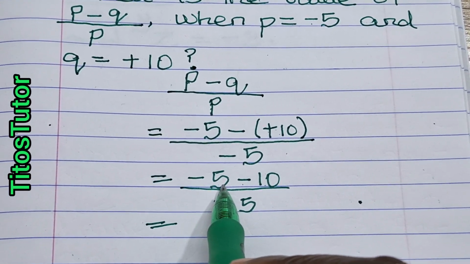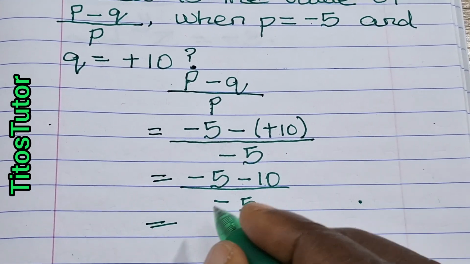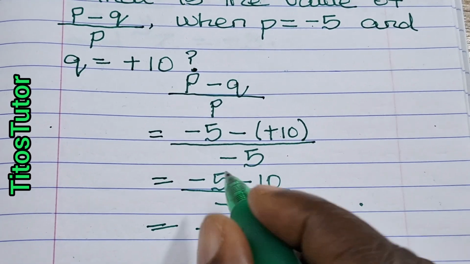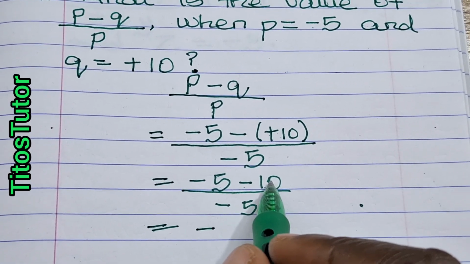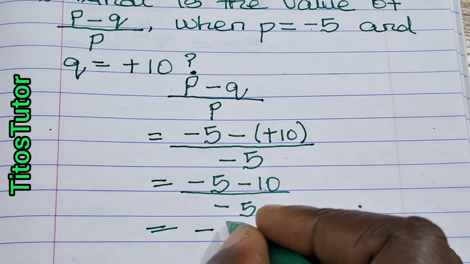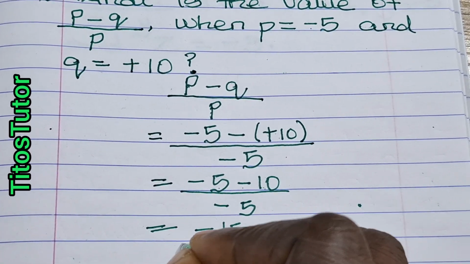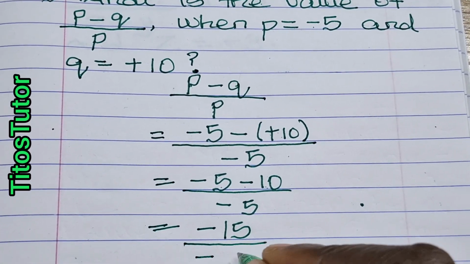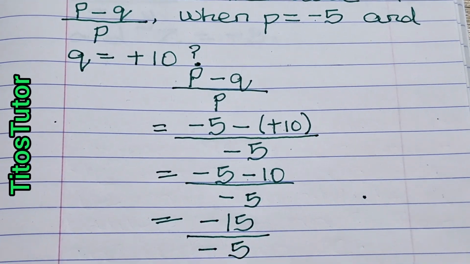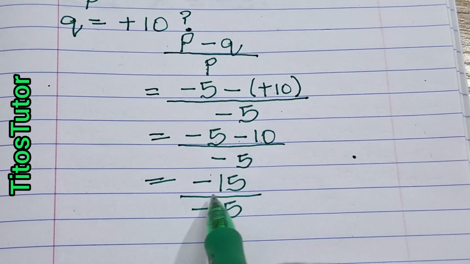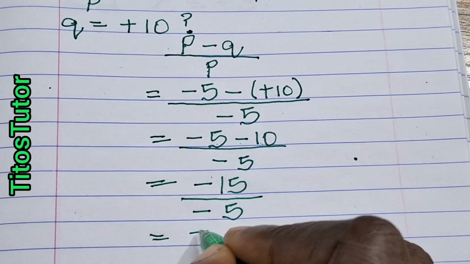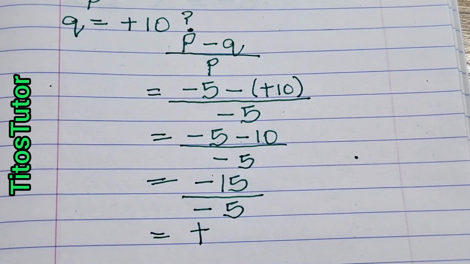So -5, -10, the sign still remains because the two signs are the same, right? Then you add the numbers. 10 plus 5 is 15. And this is over 5. Okay? So directed numbers say that negative divided by negative always gives you a positive answer.